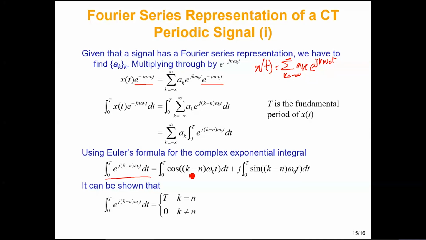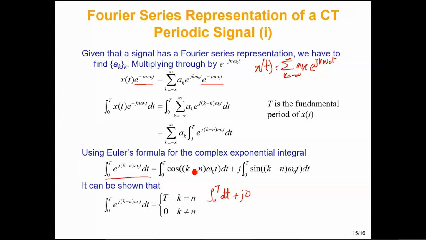If k is equal to n, this becomes cosine of 0, and the sine part becomes sine of 0, which is 0. So at k equal to n, the imaginary part becomes 0, and cosine of 0 is 1. The first part becomes the integral from 0 to T of 1 multiplied by dt, plus j times 0. And this integral from 0 to T dt ends up giving you the value T.